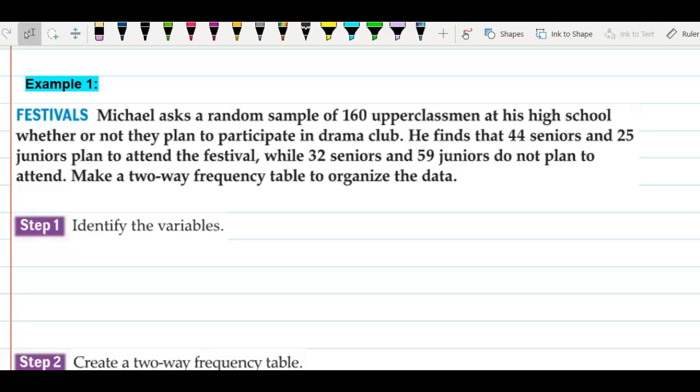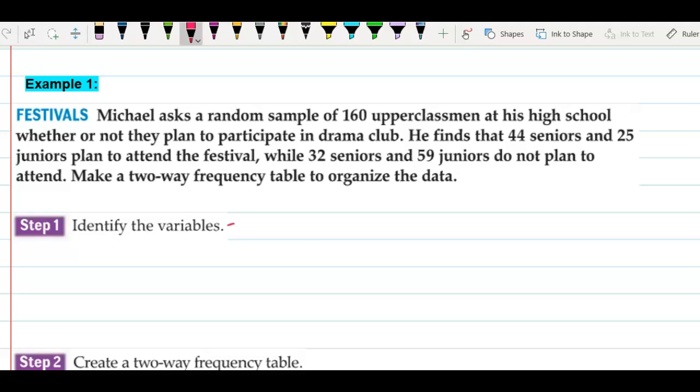Michael is asking a random sample of 160 upperclassmen if they plan to participate in drama club. He finds that so many seniors and juniors plan to attend while so many do not plan to attend. So the first thing we want to do if we're ever trying to organize a frequency table is identify what we call variables.